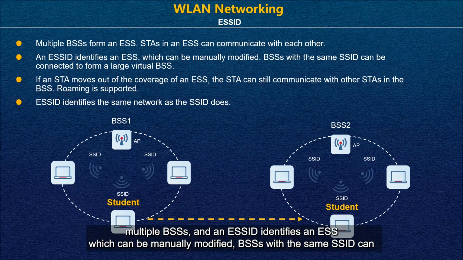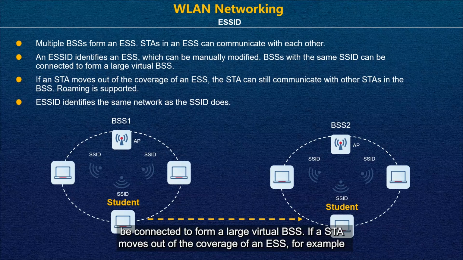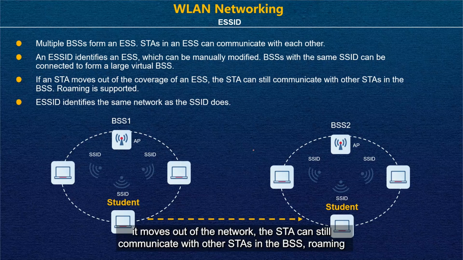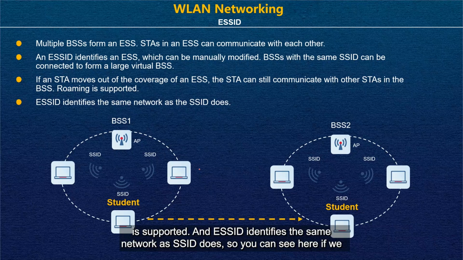BSSs with the same SSID can be connected to form a large virtual BSS. If an STA moves out of the coverage of one BSS but stays within the ESS, the STA can still communicate with other STAs. Roaming is supported. And the ESSID identifies the same network as the SSID does.